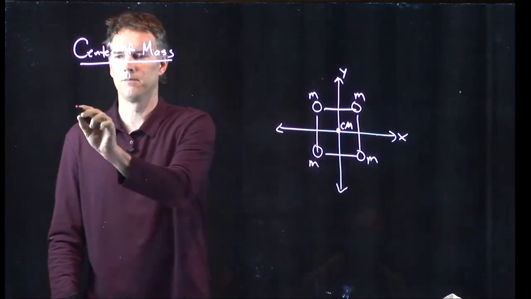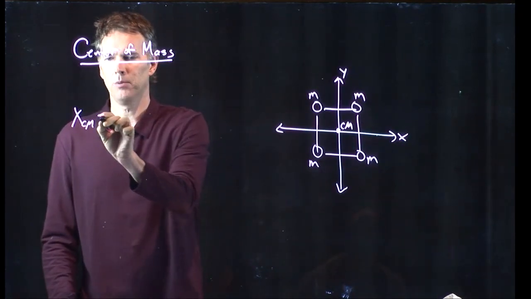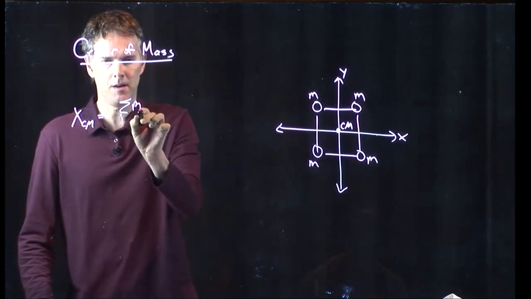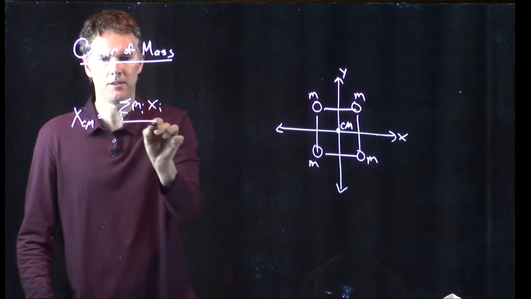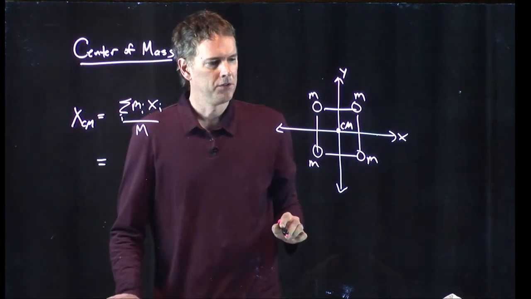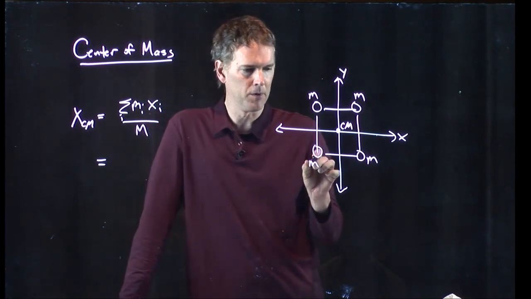Here's our object. We said that the x position of the center of mass is the sum of m sub i, x sub i, divided by the total mass of the system. So, let's just start from right here.